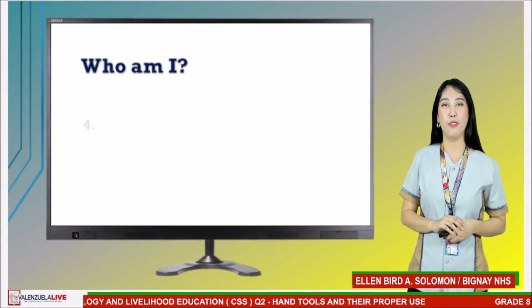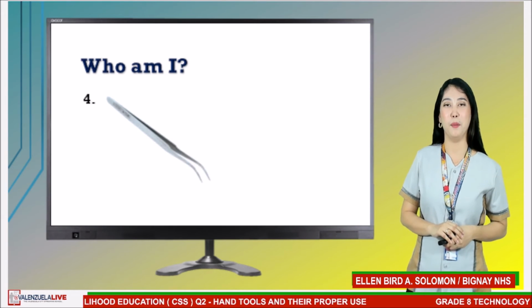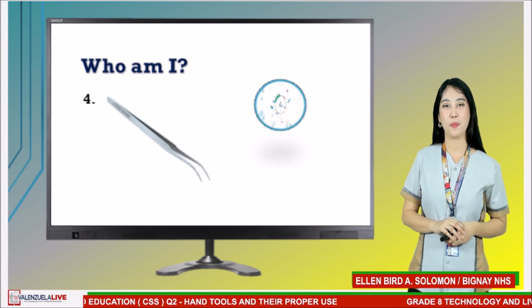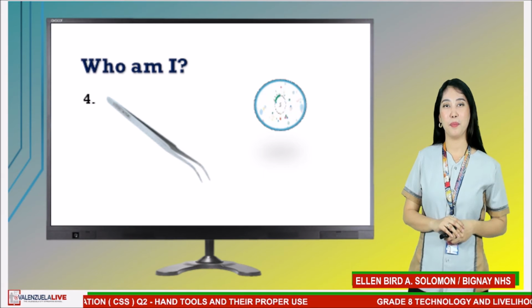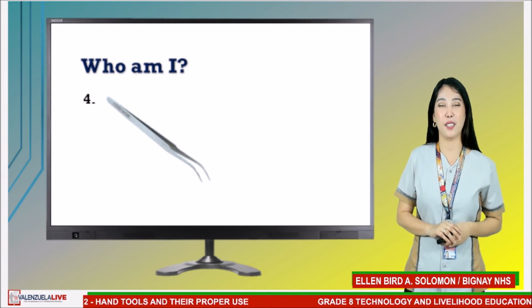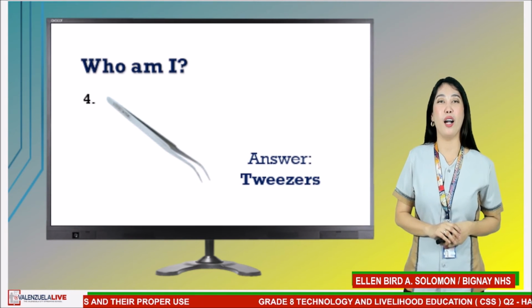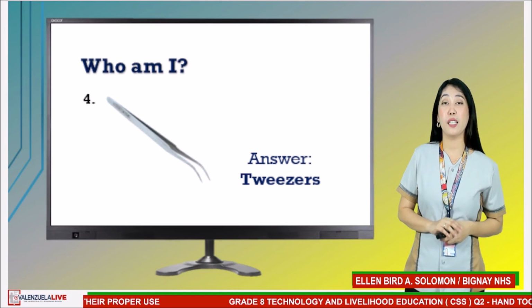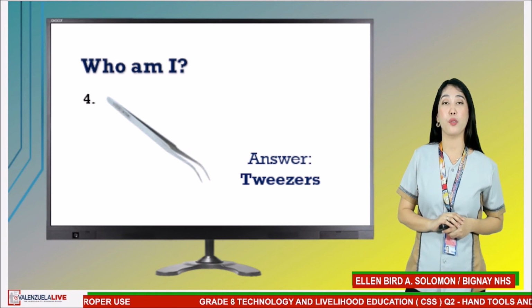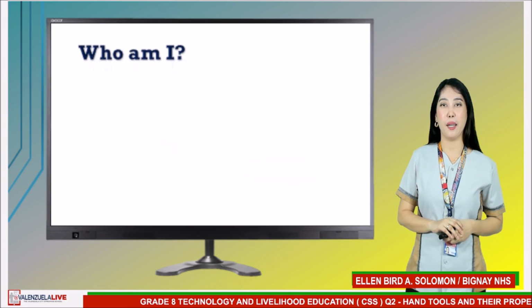Okay, for number 4, your timer starts now. For number 4, if your answer is tweezers, amazing, you are correct. Tweezers is used to manipulate or to hold small parts. Let's have the last item.